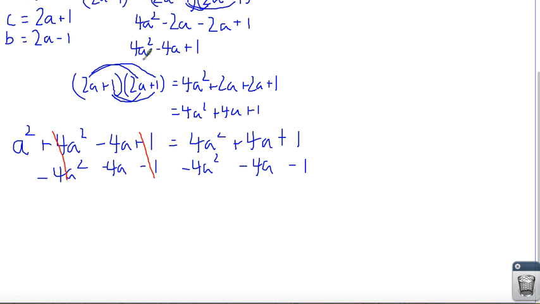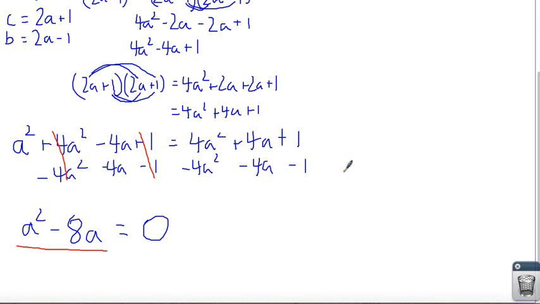So after all this, we get A squared minus 8A is equal to 0. Now this, on the left side, is the easiest kind of factoring problem. Of course, we could use the quadratic formula, but being able to recognize that this is easy to factor is going to save you a lot of time and honestly a lot of mistakes, because you don't have to go through the trouble of plugging it into the ugly quadratic formula.